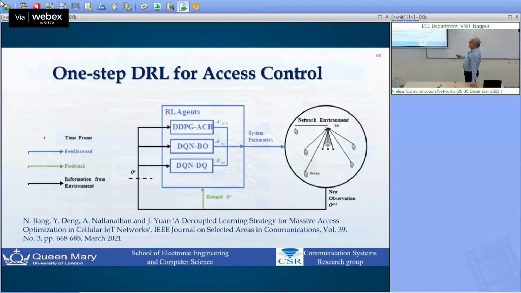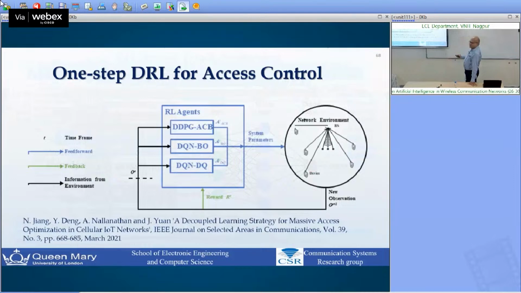Here we use the DQN algorithm. There are many algorithms in reinforcement learning: actor-critic, deep deterministic policy gradient. We can try which algorithm performs best for which scheme.